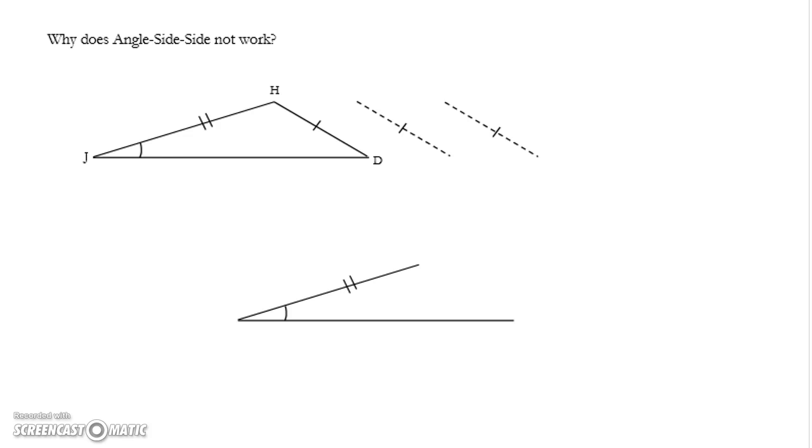Here, I have an angle, a side, and a side. So I'm using angle-side-side to try to prove these triangles congruent. But it won't work, because if I have this angle locked in, that's this angle here, and I lock in this side here, I can find multiple ways to use this side here, which is my congruent side to segment HD.